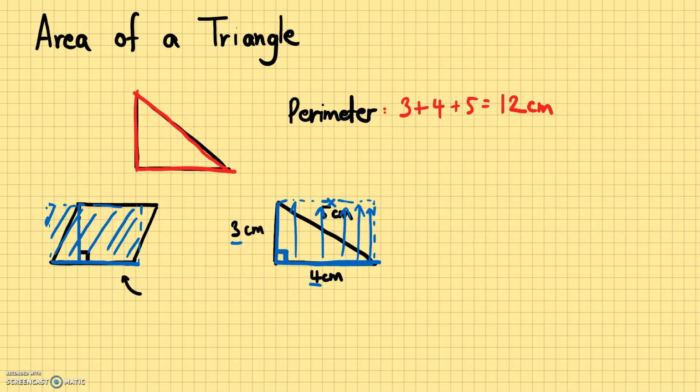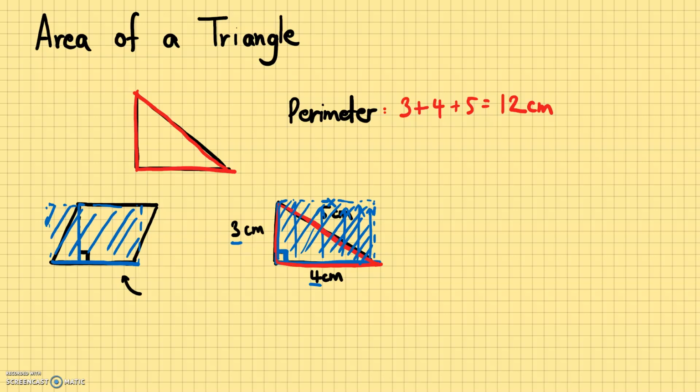And you notice that it covered more than our original triangle. Our original triangle is only this much. It's only this much. And when you multiply the base times the height, it covers the whole rectangle here. And it turns out that that rectangle is exactly twice, in terms of area, it's exactly twice of this triangle here.